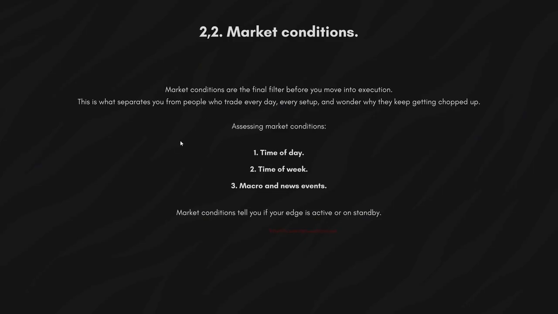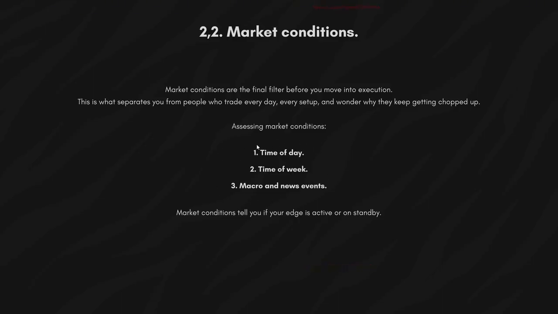You could have the best directional bias or the most perfect market context, but if you're not trading within the right market conditions, you're still going to lose. To avoid that, you need to assess that the market conditions are also right.